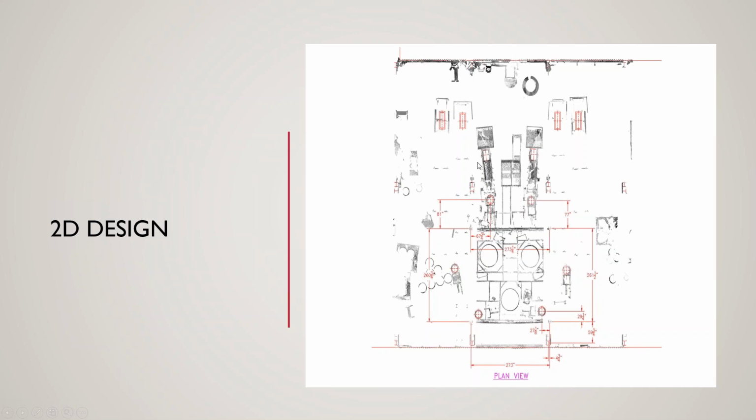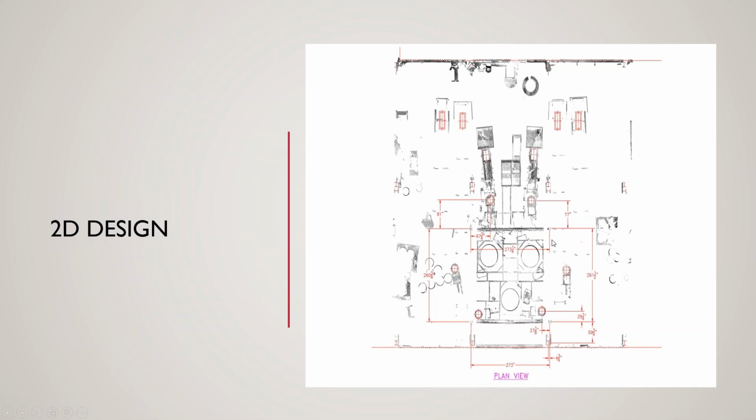I can cut through some conveyors right here. I can see the front end of a conveyor and the front end of a conveyor here. These are my work points, and I'm able to develop them in a 2D fashion and in an elevation fashion very accurately. This is done in AutoCAD. So again, this is a 2D model.